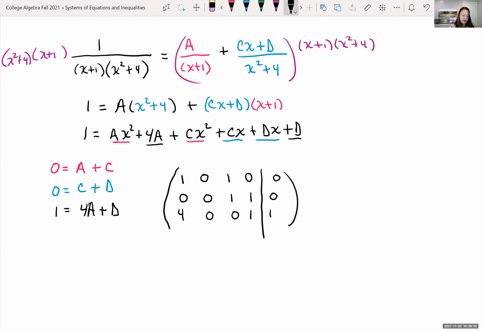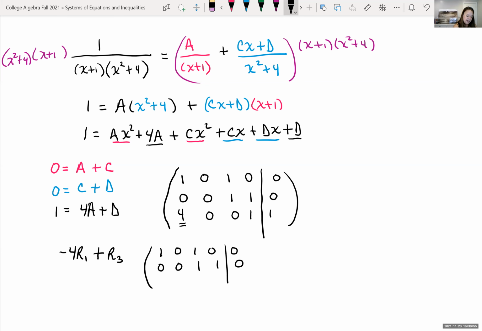Let's get rid of that 4 in the last row. We can do that by negative 4 row 1 plus row 3. So row 1's the same, 1, 0, 1, 0, 0. Row 2's the same, 0, 0, 1, 1, 0.